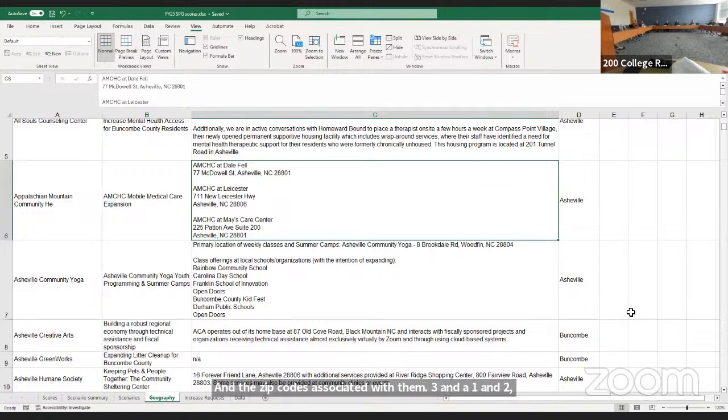So we listed Asheville, because they're only listing Asheville addresses. Now, that portion of Leicester Highway is, I think, on county, may be outside of the city limits, but still in an Asheville zip code. We didn't do a mapping exercise to cross-reference with city of Asheville, but just Asheville zip code.